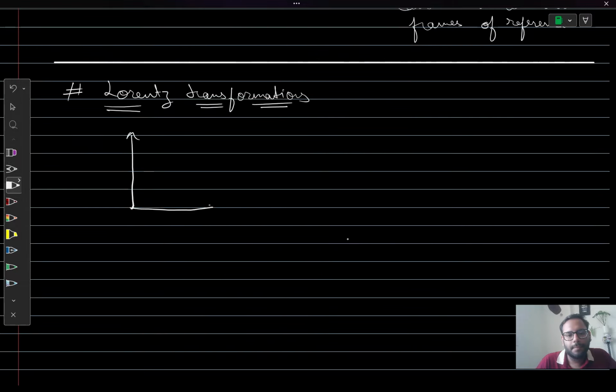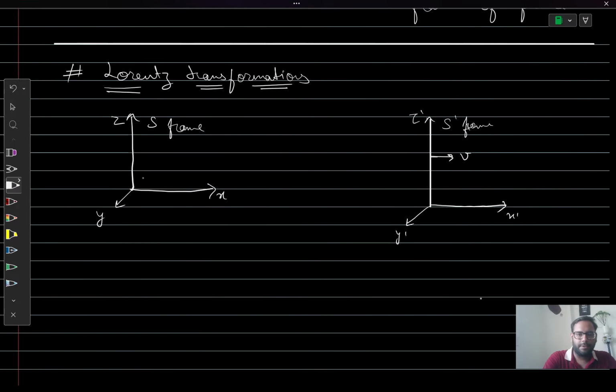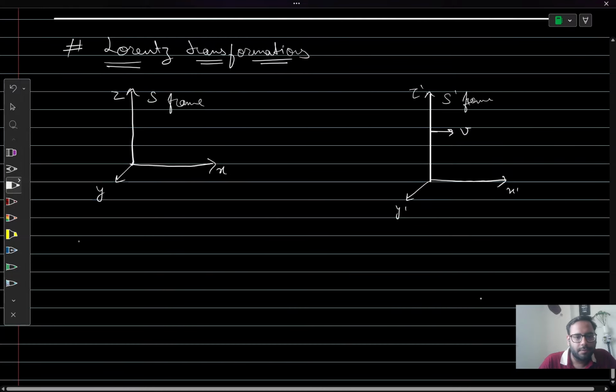This is X, this is Z in a left hand coordinate system. This is my S frame and this is my S prime frame, and it is moving with respect to the S frame with velocity v.